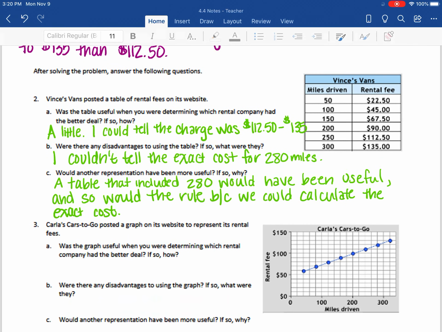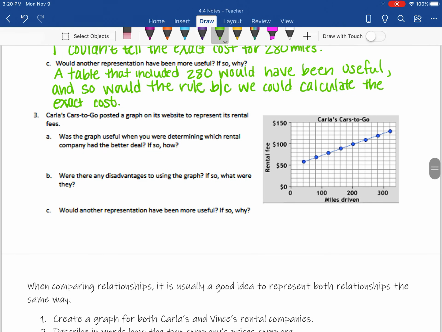Okay, was the graph useful for Carla's? I mean, I think the graph was useful because the point fell right on a grid line and we could find the exact amount. Were there any disadvantages to using the graph?